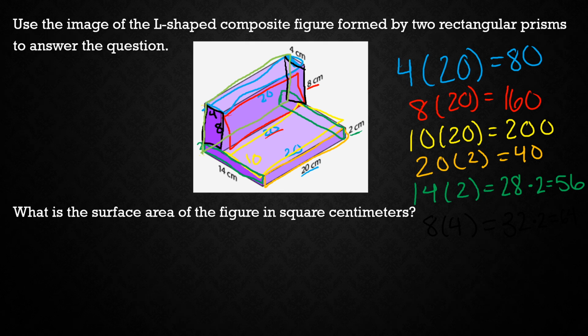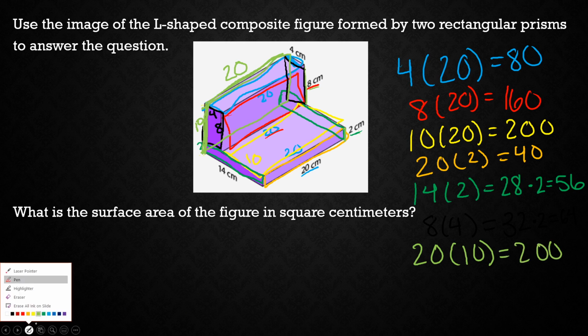This top piece up here is going to be 20. I need to figure out what this side over here is going to be. From here to here is 8, and from here to here is 2. So 8 plus 2 gives me 10. So I have 20 times 10, which is going to be 200.